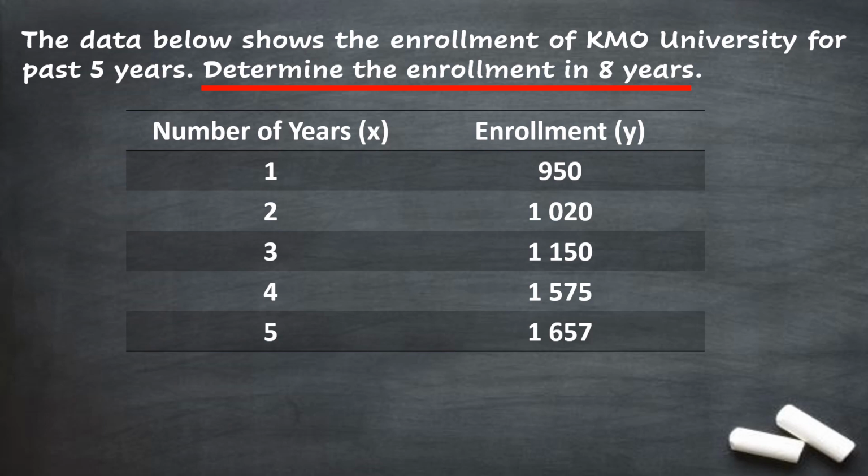So, assuming that there really is a relationship, no need to go through the step-by-step process. All we have to do is predict the number of enrollment in 8 years.